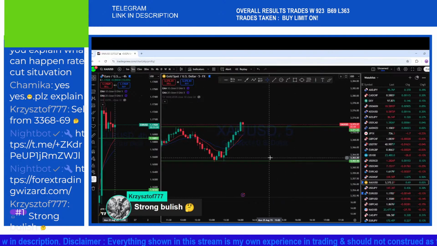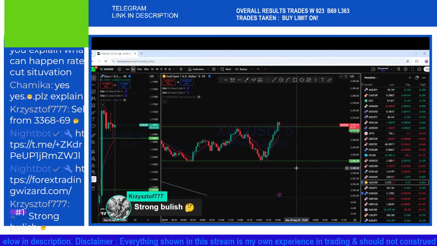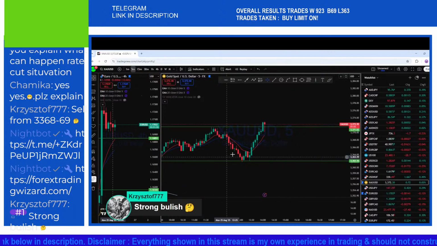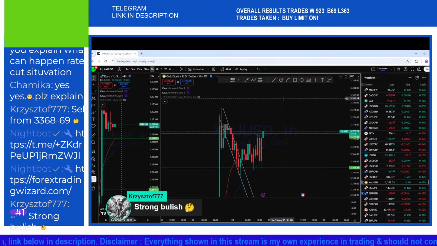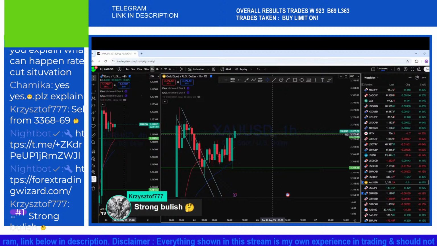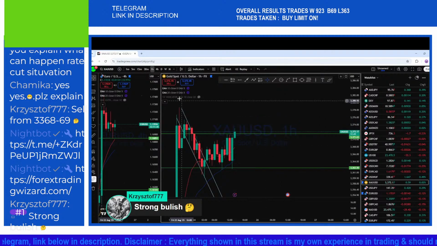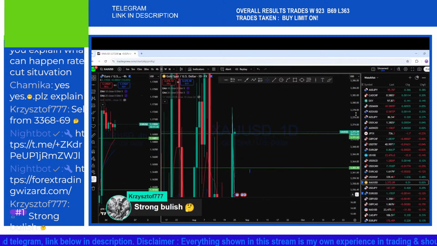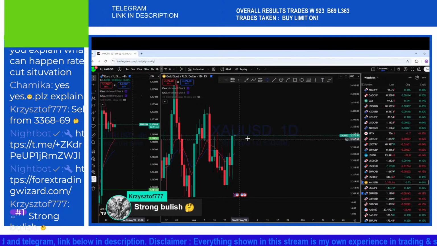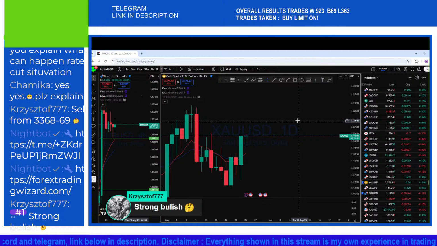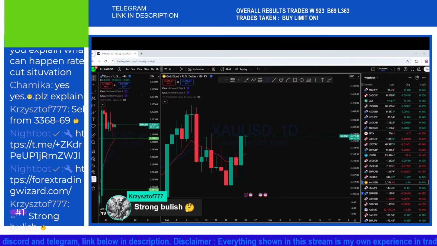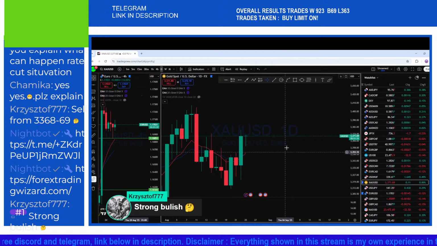You guys ready for another move? I think it's going to break here. Let's delete those levels to see a fresh new area. And this is the daily move.